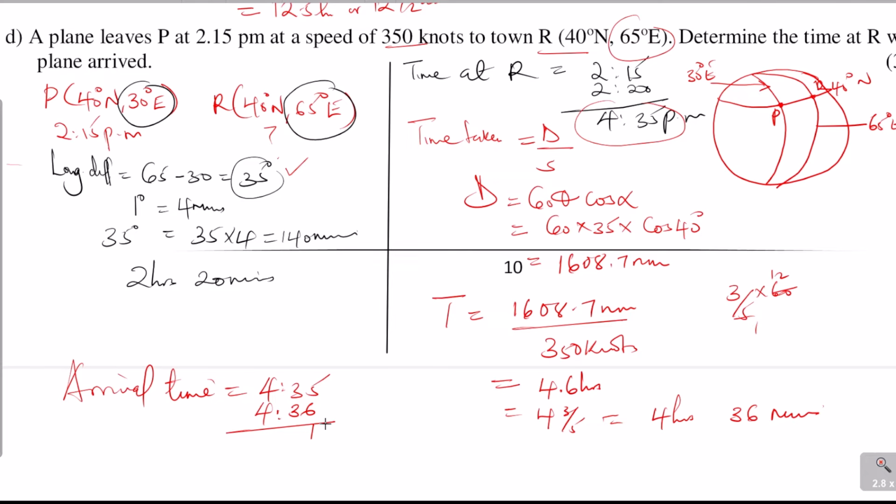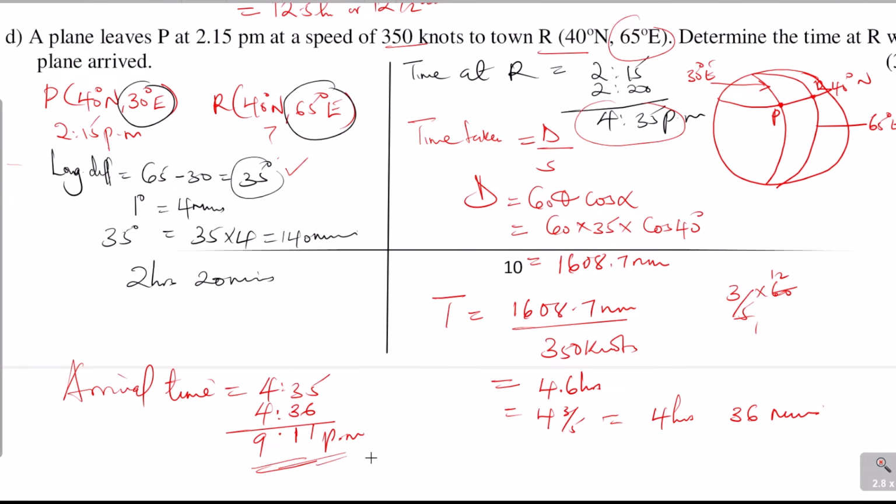You need to be very careful with questions on time. So you get 71, subtract 60, and you are left with 11, and then you carry 1 hour to this side. So 4 plus 4 plus 1 gives 9. So from 4:35 p.m. it will arrive at 9:11 p.m.